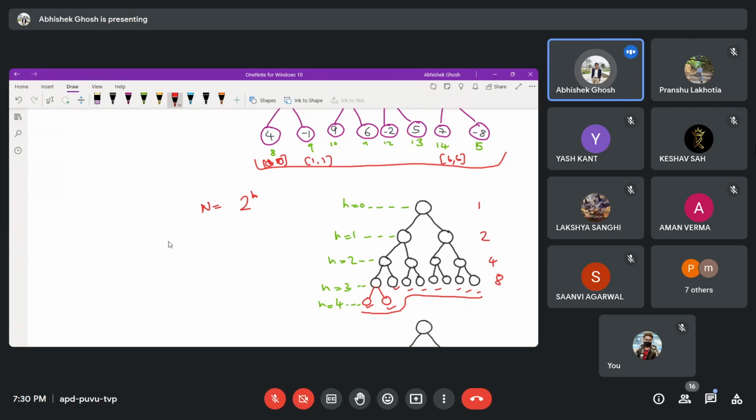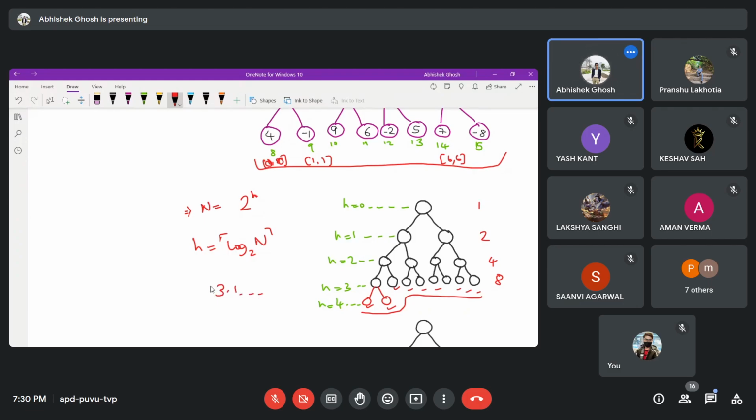So what would be h? If n is equal to 2 power h, then h would be the ceiling of log n base 2. Is everyone aware of ceiling and floor? When n was 9, log n base 2 would come out to be 3 point something.